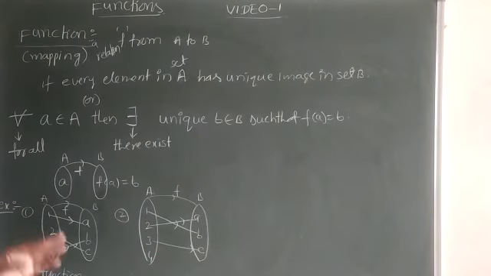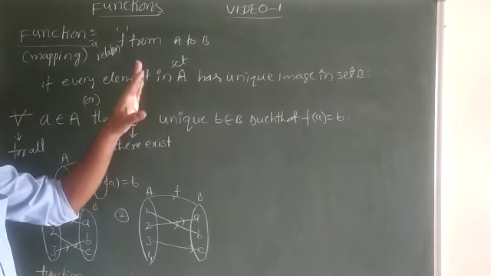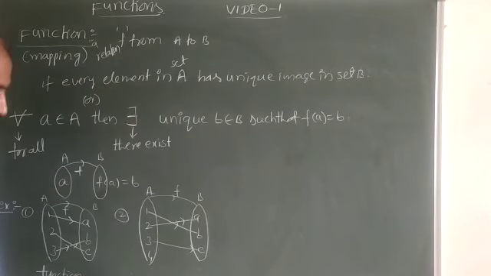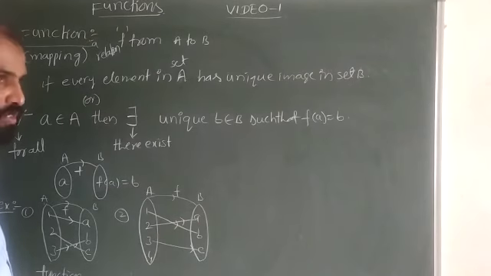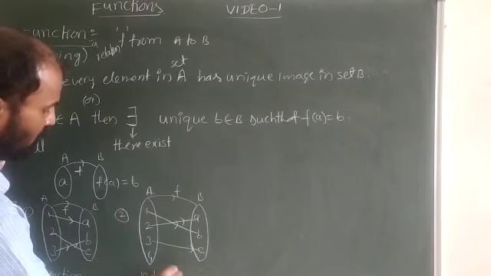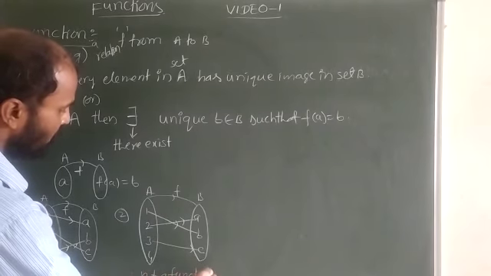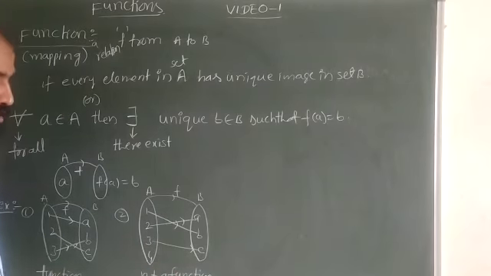No. Because what is the definition? Every element in set A, A loni prati element ki. But here for 4 what happens? For 4 there is no image. So that means it is not a function. Endukani 4 has no image in set B.